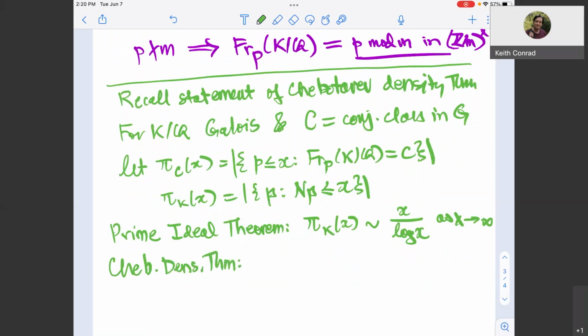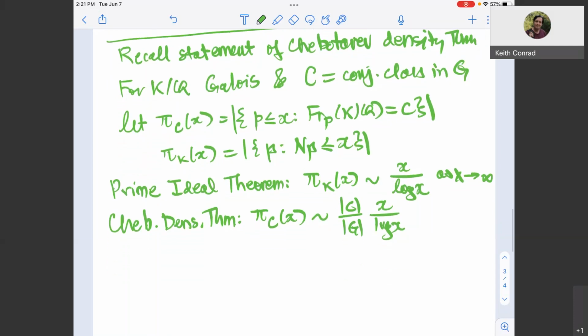says that for each conjugacy class, this grows proportional to x over log x, but there's a coefficient, the size of the conjugacy class over the size of the group. So if anyone has a t-shirt for the summer school, you'll find this last asymptotic relation written on your shirt. Okay, practical application of the Chebotarev density theorem.